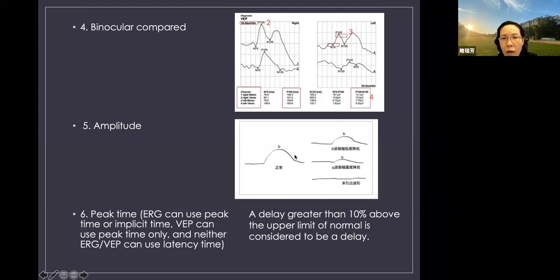If we have an abnormal amplitude, we also see how severely it is decreased, whether mildly, moderately or severely decreased, based on our own normal limits. We will give how severely the patient's amplitude is damaged, and we give these numbers.